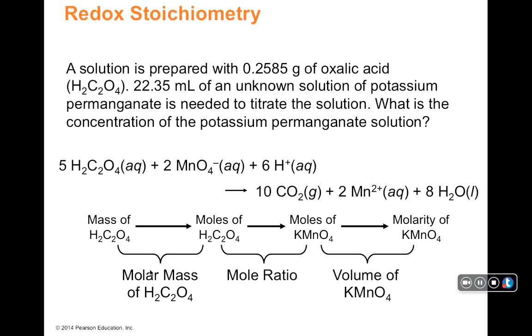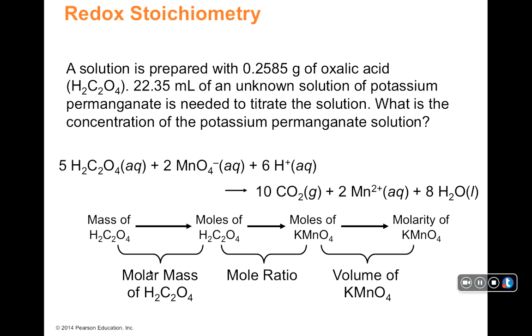So you can see in this equation there's 5 moles of oxalic acid to your 2 moles of the MnO4, which is the ion that's used here in the potassium permanganate. So to 2. Figure out the moles of KMnO4 that you need, or that you would have.